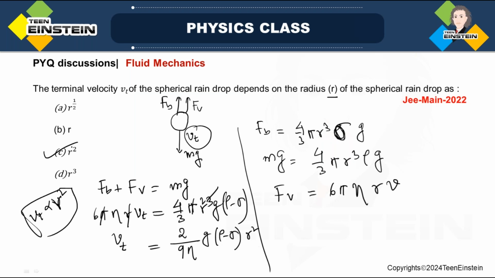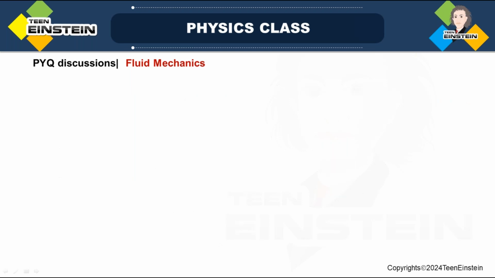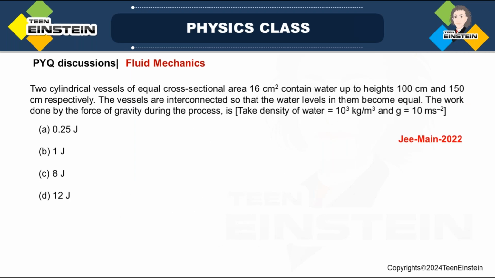So this is the answer, option C. You should be thorough with this formula so that within 15 seconds you can answer this question just by seeing. Now let us go to the next problem.